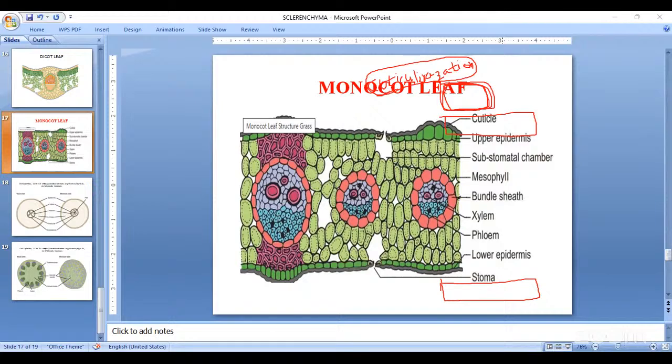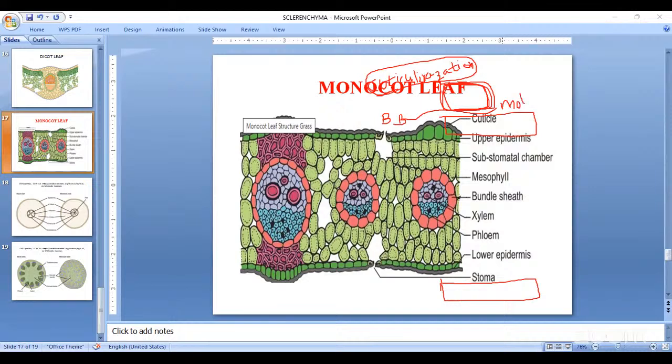You can see this is the upper epidermis, and the cells are all equal in size, whereas these two are different. I have written B for bulliform. You can write here, or motor cells.